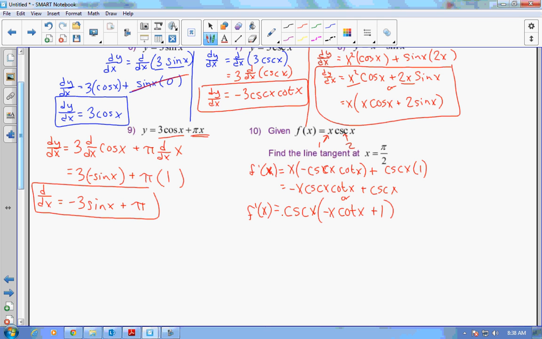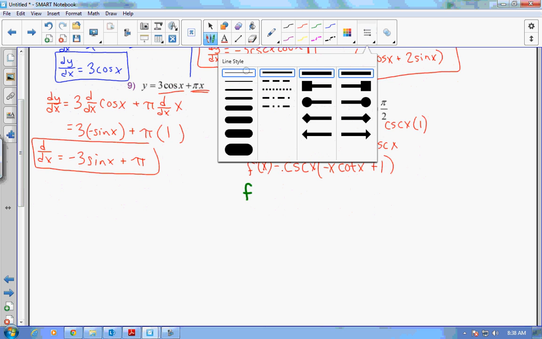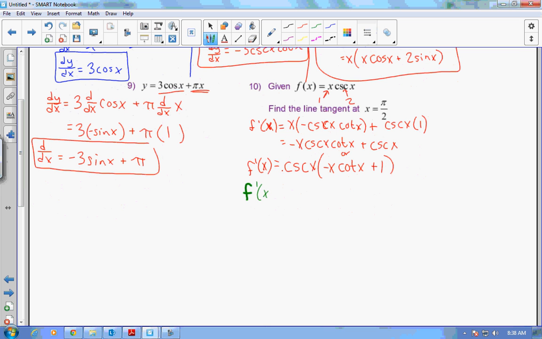What do we do now? Plug in pi halves. Okay, you still have those yellow reference sheets? We need to know a few of these things. Oops, I need to plug in pi halves. Cosecant of pi halves. Now, if you don't know that, you could use your reciprocal functions.